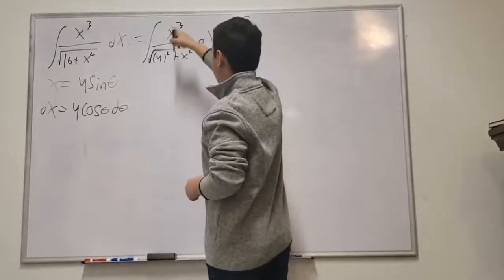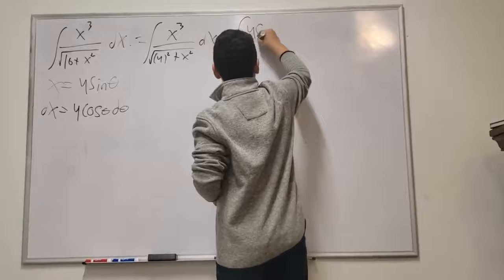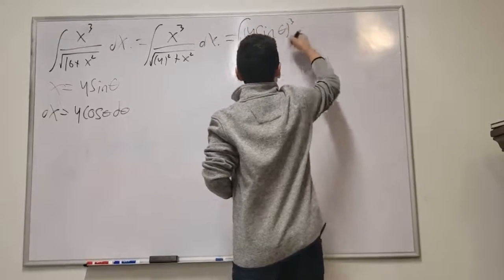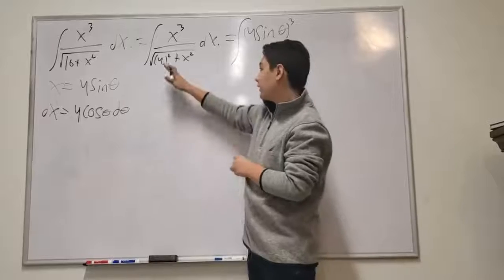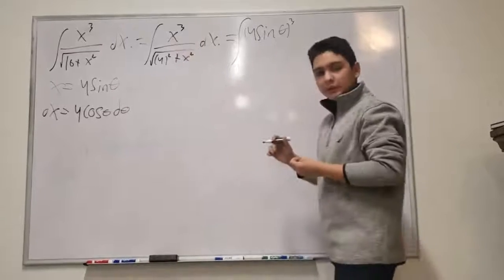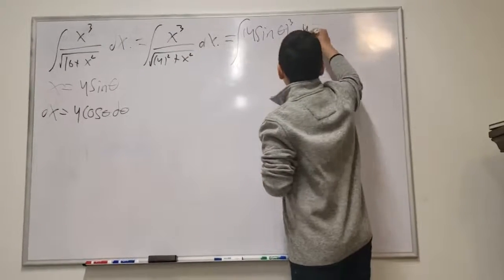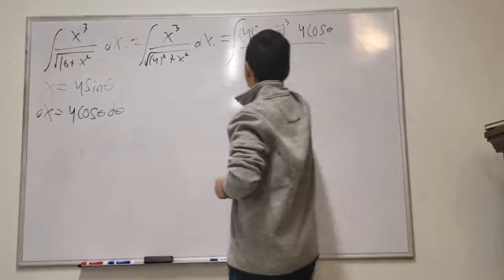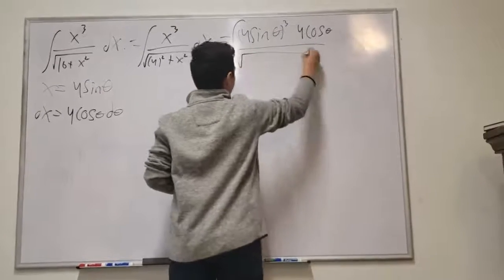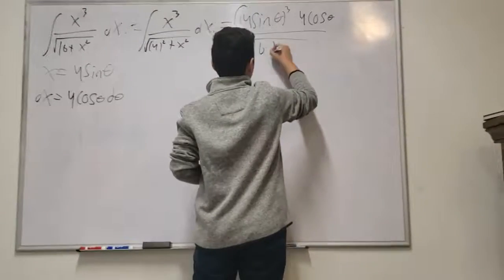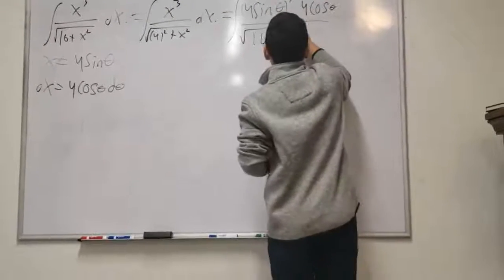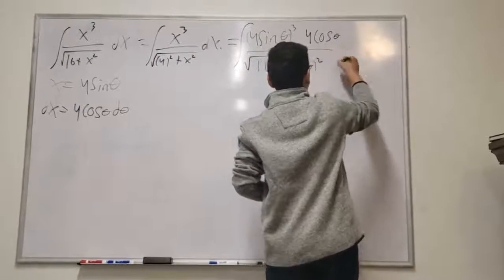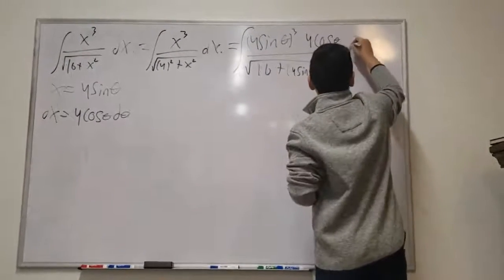So x cubed will be 4 sine theta cubed. And I'm going to bring the 4 cosine theta up to the top, just to make it a little bit easier: 4 cosine theta divided by the square root of 16 plus x squared, which is 4 sine theta squared, and then d theta.